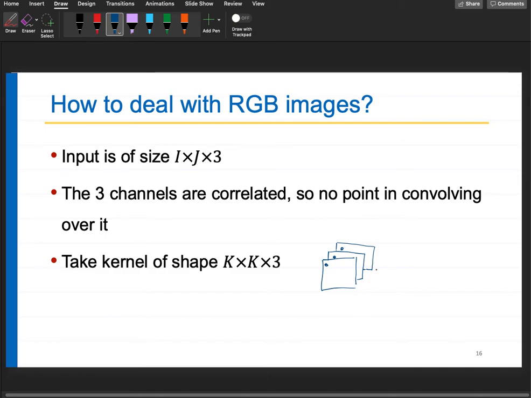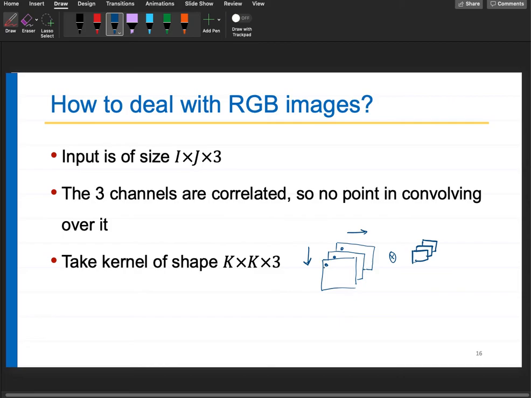And colors are mostly highly correlated, even if they are not always invariant. Then if you convolve it with a W, which is also 3 dimensional, you just scan it along this direction and this direction, not along the backward direction.